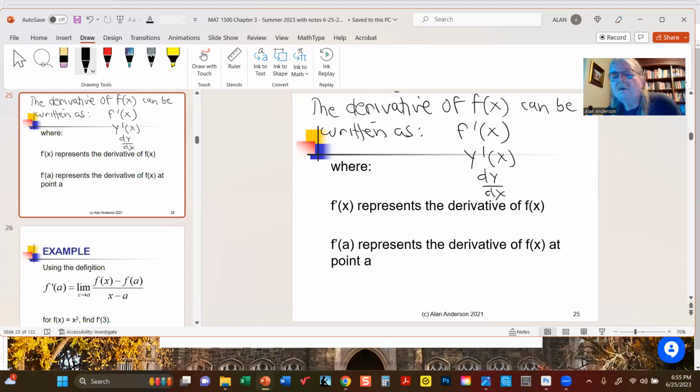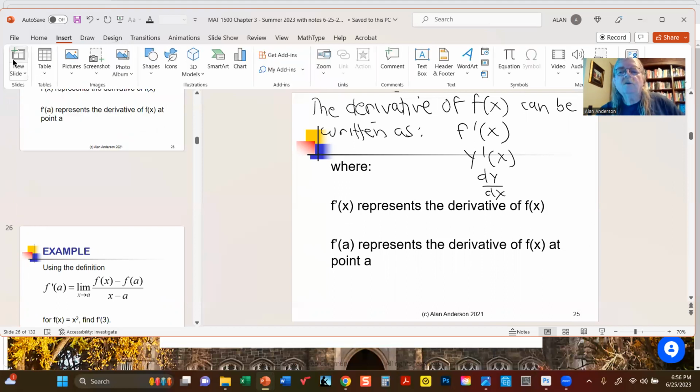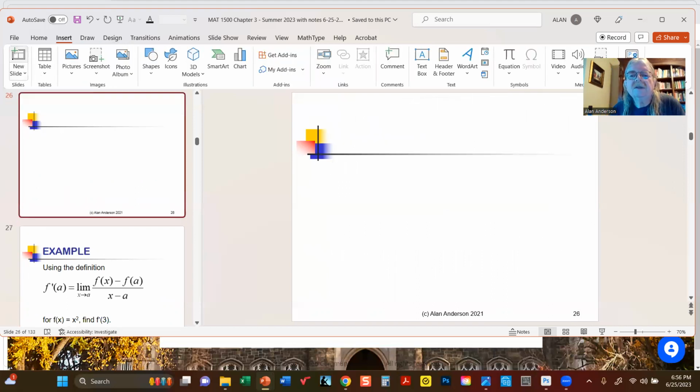Now, the reason why it's written as dy dx is because the derivative itself, remember, is ultimately a slope. And normally a slope can be expressed as delta y over delta x.